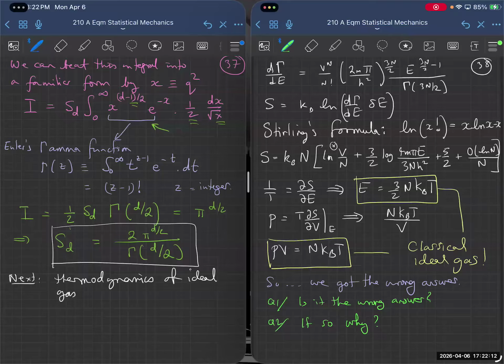regime. So what we've actually calculated is the ideal quantum gas, but because we threw away the wave function symmetry or anti-symmetry, what we've computed is the right behavior in the high temperature regime, where so many states are occupied that it doesn't matter whether they're symmetric or anti-symmetric. All those quantum distinctions that matter at low temperatures are no longer having an effect.